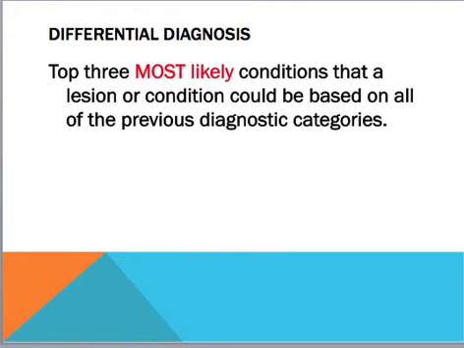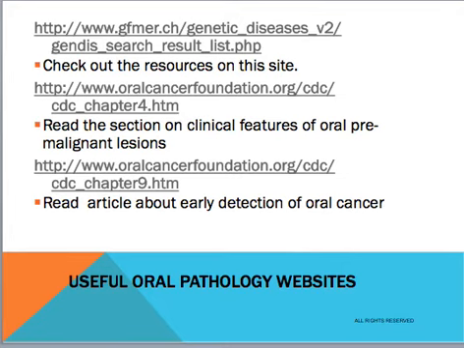During this class, I will frequently ask you, what's your diff? And that means, what is your differential diagnosis for the condition that we're studying, or the case that we're looking at? And it's an important skill to develop in oral pathology.